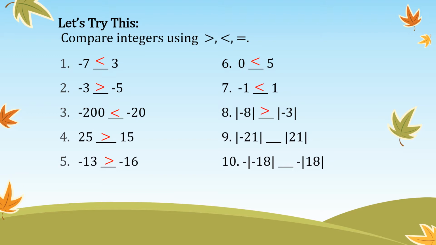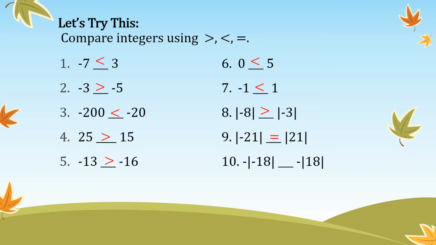Eighth example, the absolute value of -8 is greater than the absolute value of -3. Of course, when we deal with the absolute value of -8, it is 8. The absolute value of negative 3, it is 3. Then it is clear that 8 is greater than 3.